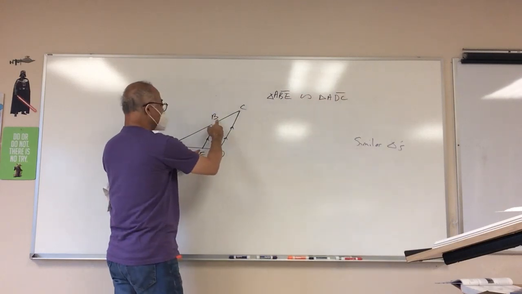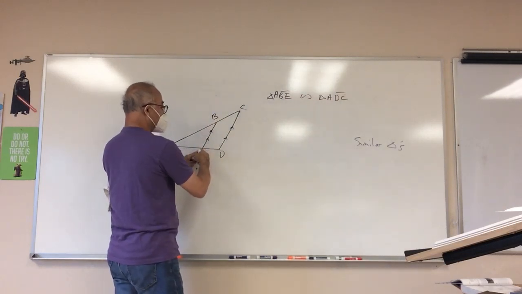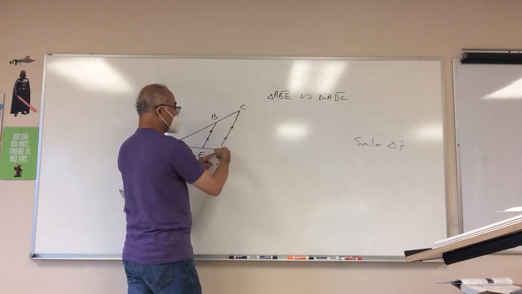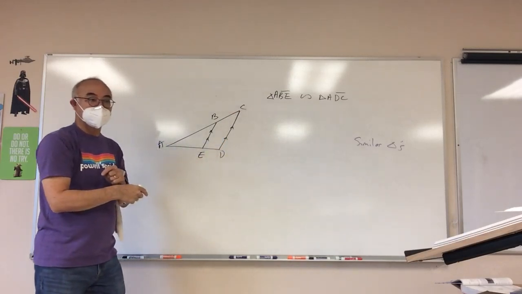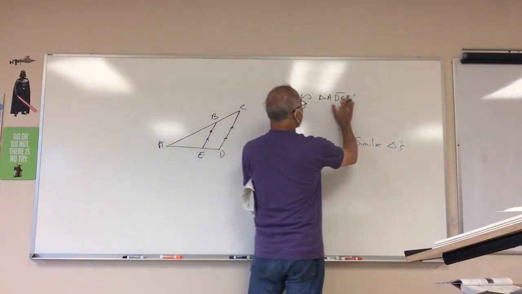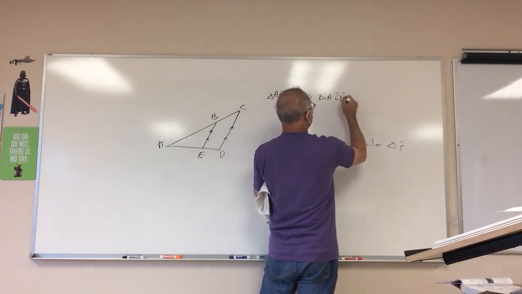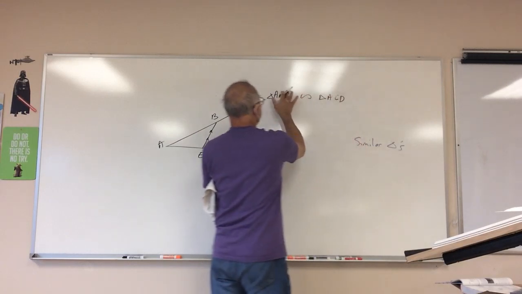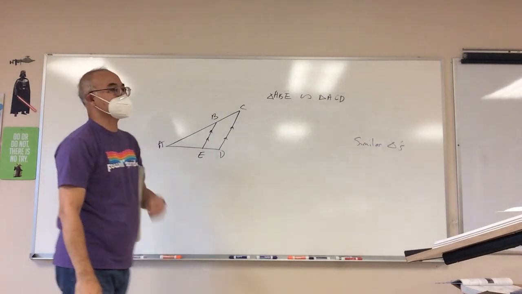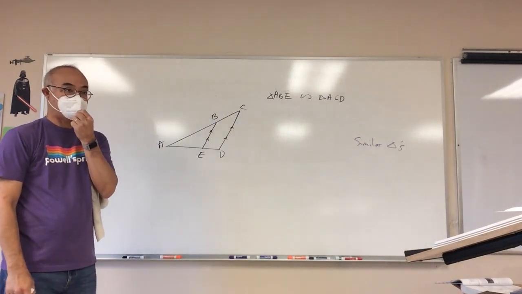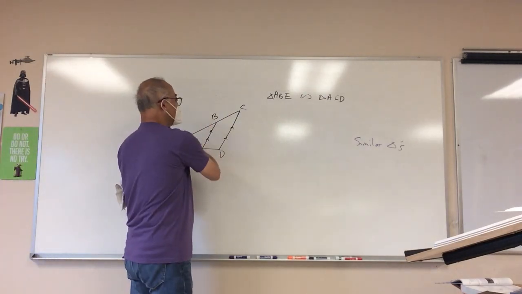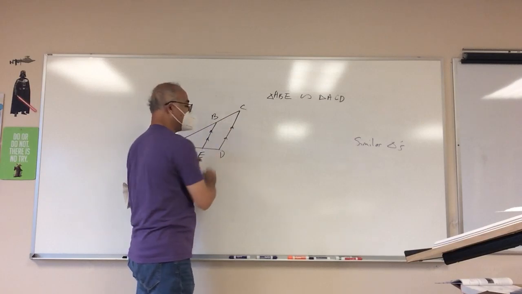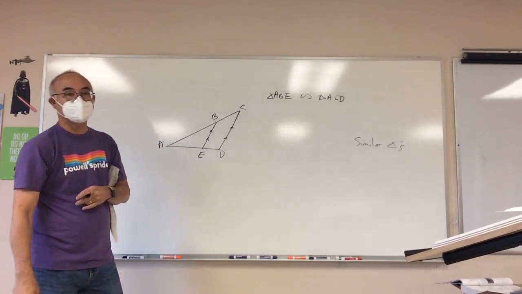So BE is not DC, it's CD, correct? All right? So you have to keep them in order. So the short answer is no, you cannot do that. Each point has to correspond to the same point in the other triangle.